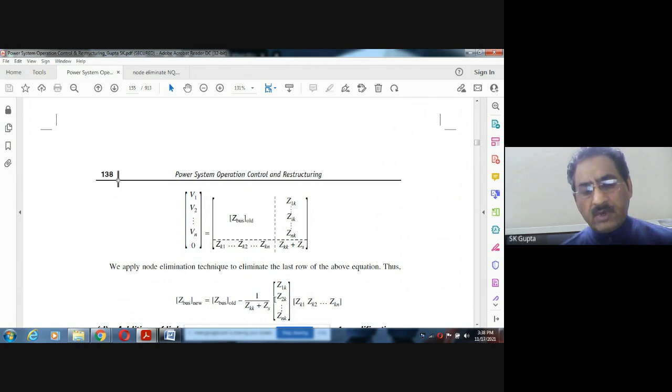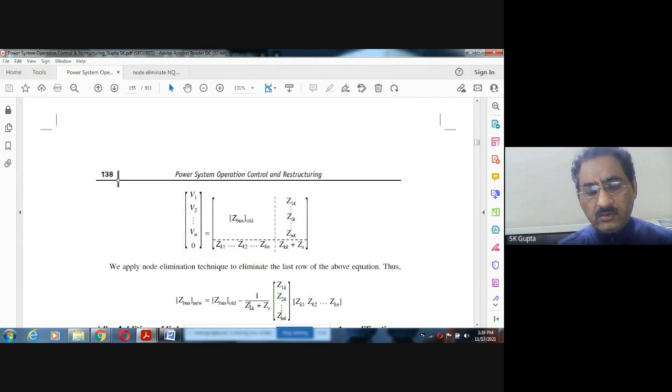So n by n minus another matrix of size n by n, the size remains n by n. Otherwise the size has not increased, since the transmission line is added between the old bus and the reference bus. So the size is n by n, and the new bus will be given by this equation. Is it clear or not?